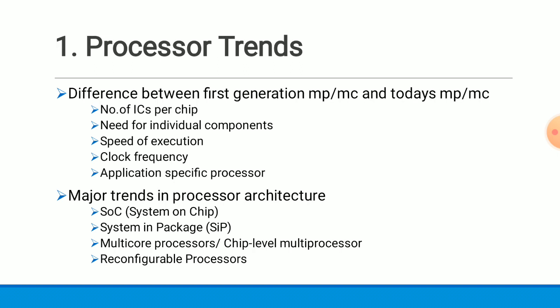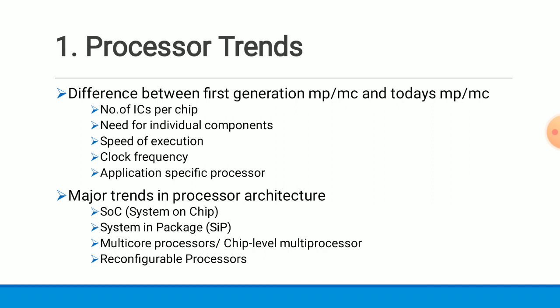Then fourth one is reconfigurable processors, which have reconfigurable hardware features. For example, one can be configured as the heart of a camera or that of a media player. So we can configure the hardware features of this processor.